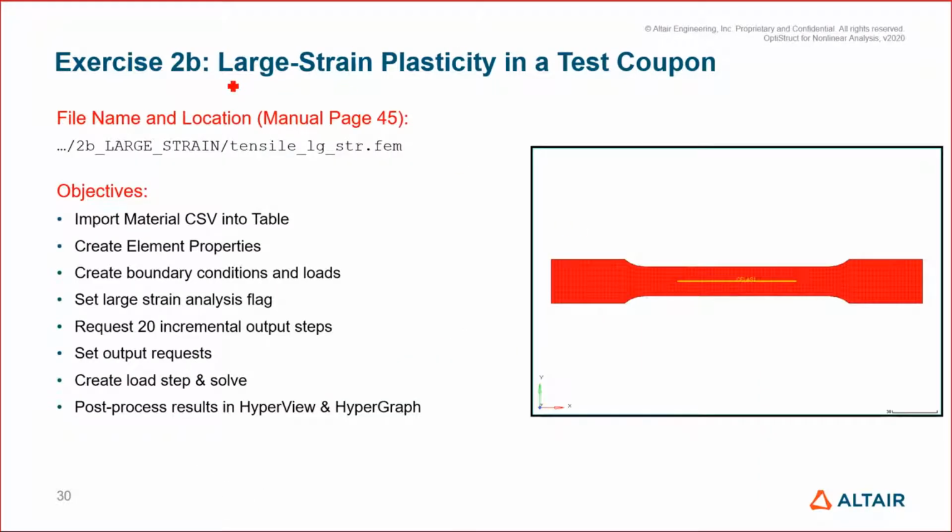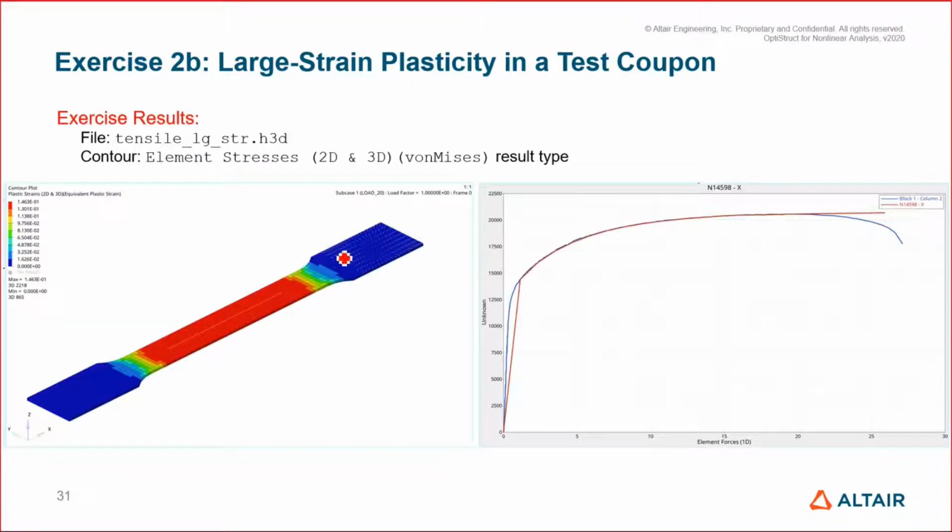I'll demonstrate how to set up MATS1 using this exercise 2B, which is for large strain. We will import a material table into HyperWorks to create that MATS1 card, and then set up the rest of the analysis. So this is what we should get.